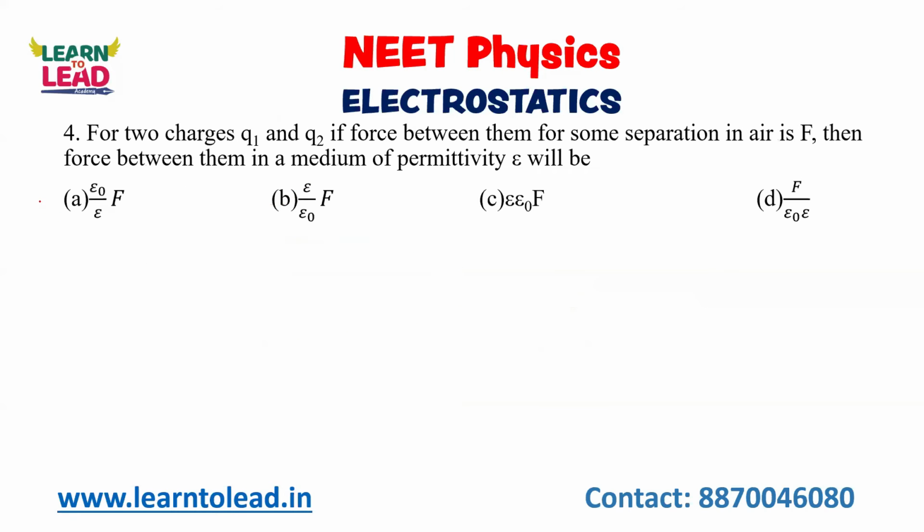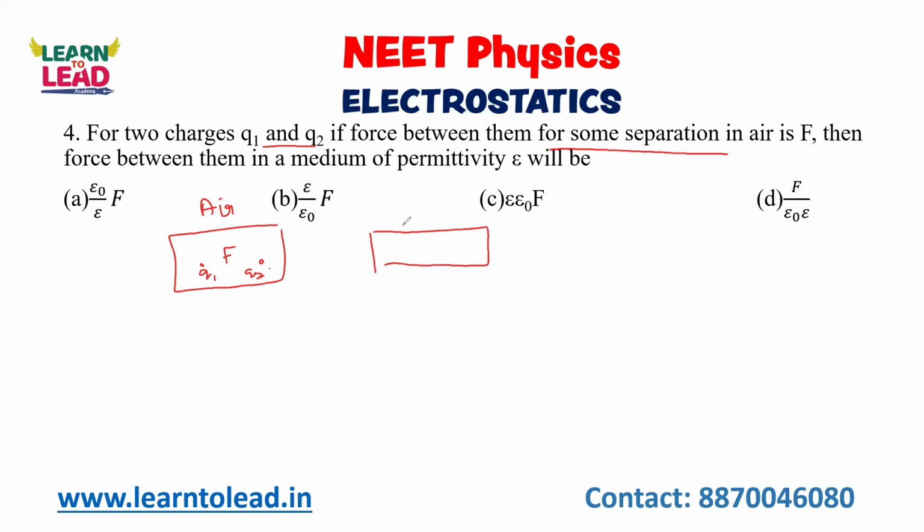Next. For two charges Q1 and Q2, the force between them for some separation in air is F. When the two charges are kept in air, the force is F. Then what is the force between them if the two charges are kept in a medium of permittivity epsilon?